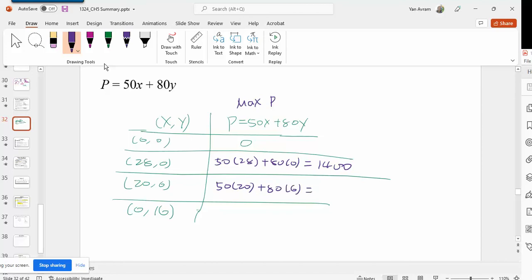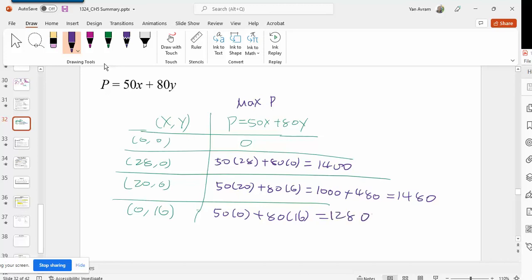So that is 1000 plus 480. So that's 1480, okay? And then this one right here is 50 times 0 plus 80 times 16. Alright, so 80 times 16 gives you 1280 in here.